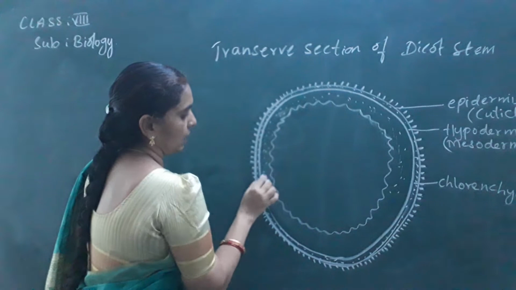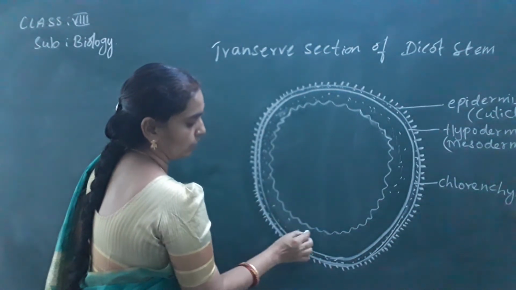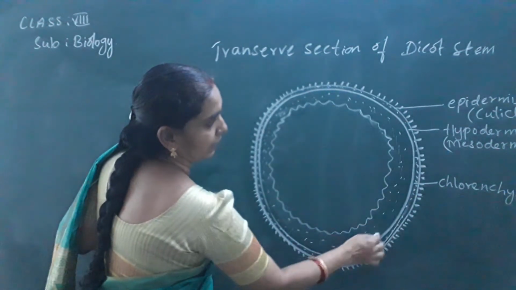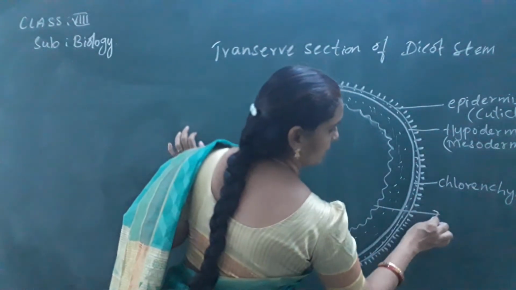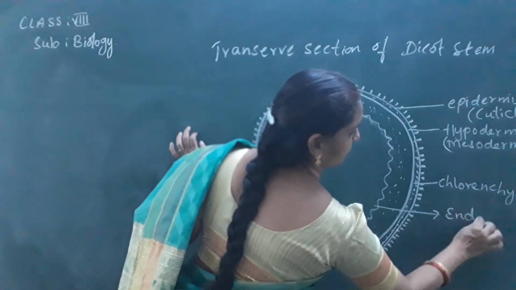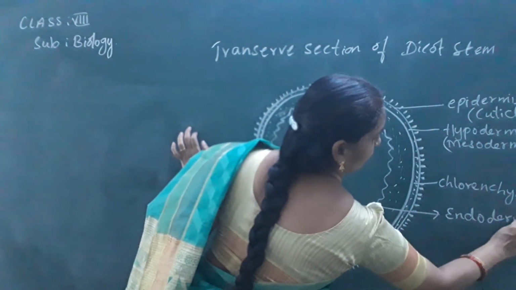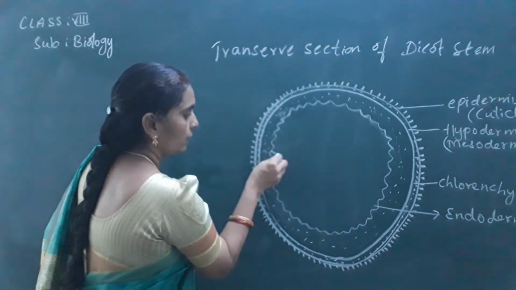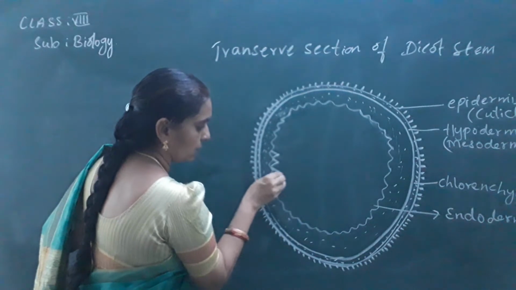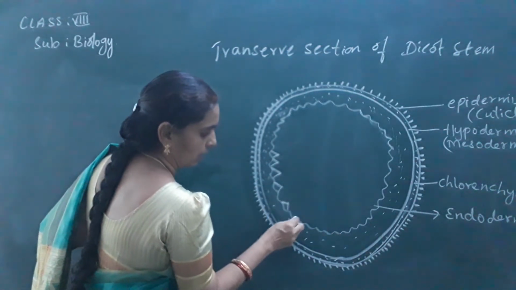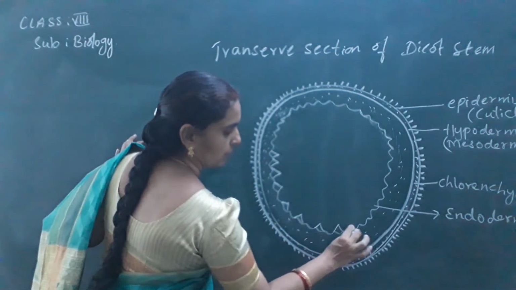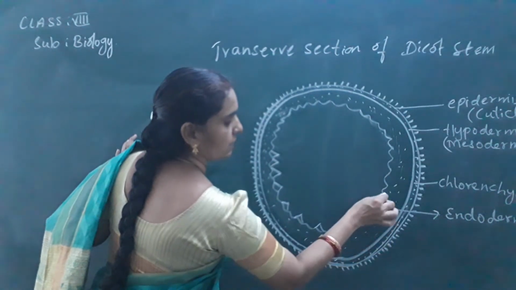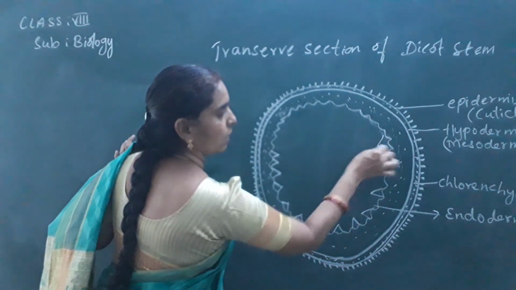Vascular bundles, xylem and phloem bundles are present over in this endodermal layer. So this is endodermis. Here you find the vascular bundles. Okay. They are projected towards inside the ground tissue.